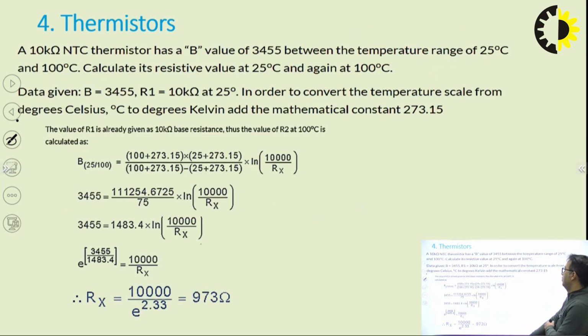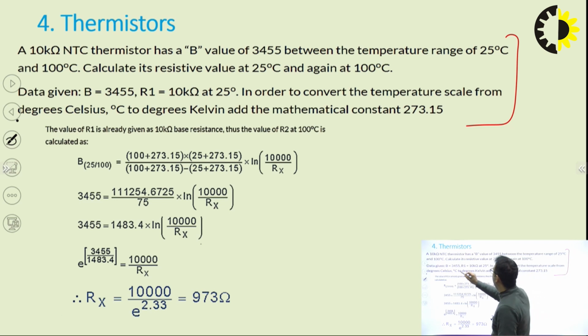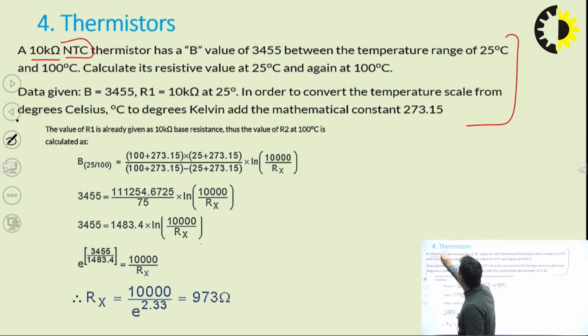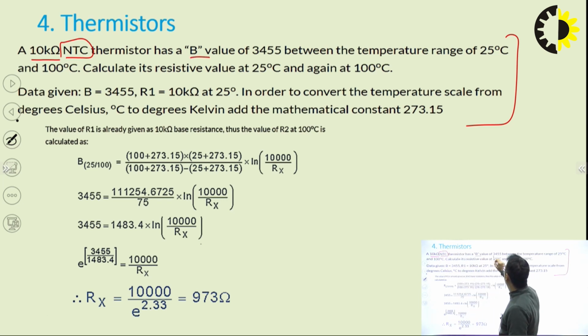So based upon this equation, we can solve this numerical, where it says a 100 kilo ohm NTC, that is, negative temperature coefficient thermistor, has a B value of, this is actually beta, 3455. So beta is given to us.